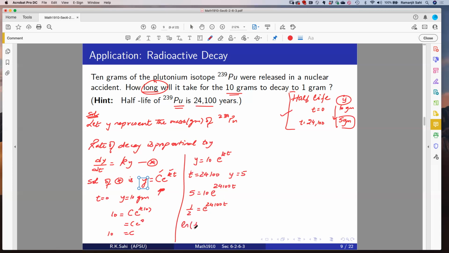Natural log of 1/2 equals 24,100 k times natural log of e, which is 1. So 1 over 24,100 times natural log of half equals k.